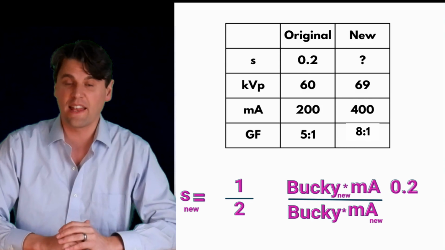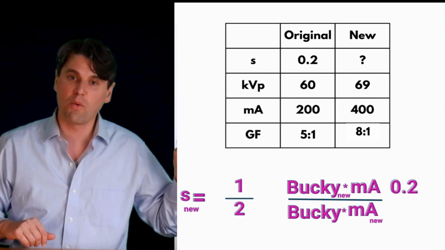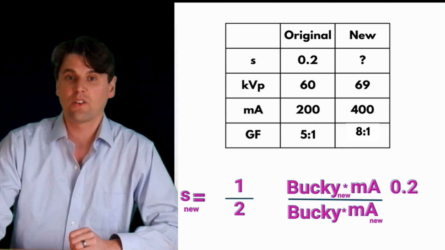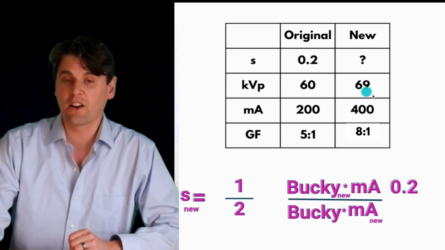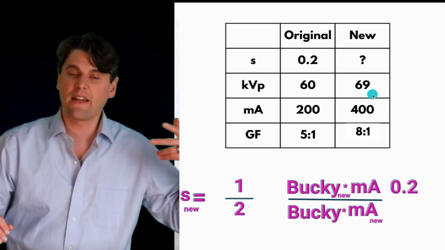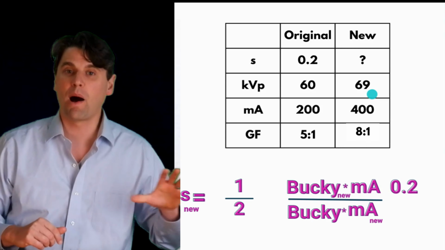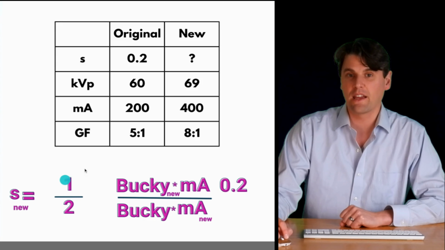So 15% of 60 is 9. So when we add that to 60, we get 69. So you can see that we've gone up by 15% in our kVp. So like we said, that means we need to go down in mAs by a factor of 2. So because we need to go down by a factor of 2, we're going to put a 1/2 right here.